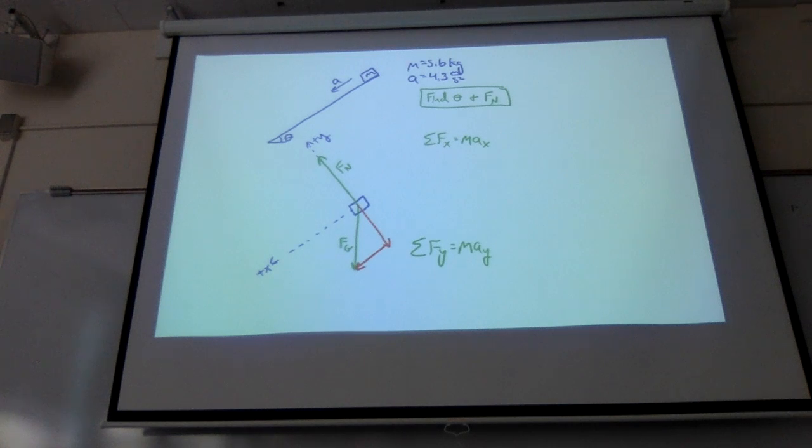You might look back in your notes and remember that the angle of incline will always live right there between the straight down direction and the negative y direction. Which means that this side will be F_G adjacent, so that's cosine, and this side is the opposite, so it's F_G sine.